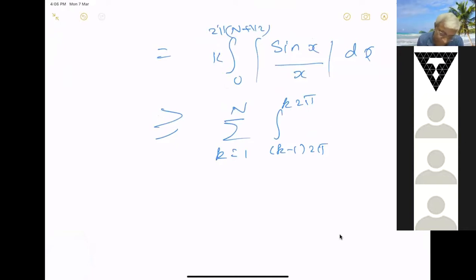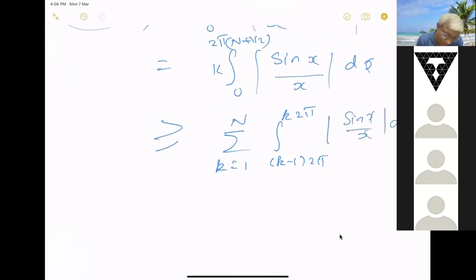Okay, so now it's okay. So k minus 1, 2 pi to 2 pi. Inside I have only sin x by x dx. But then this is greater than or equal to the summation k equal to 1 to n, integral the same thing, (k minus 1) 2 pi to k 2 pi.